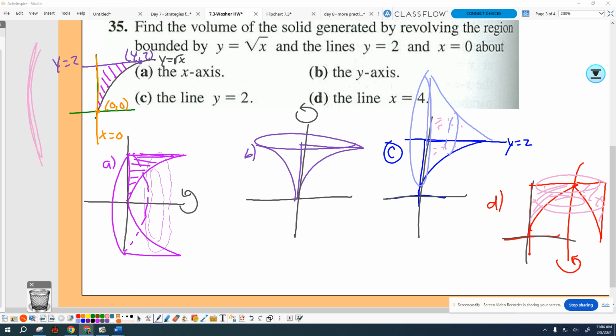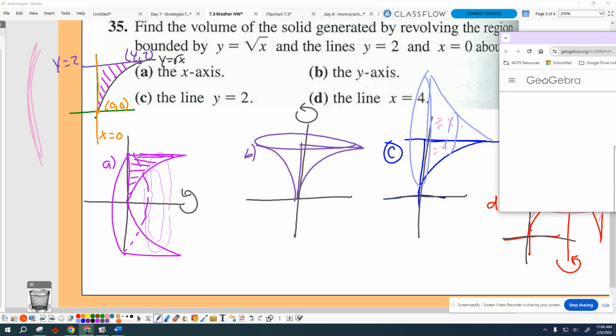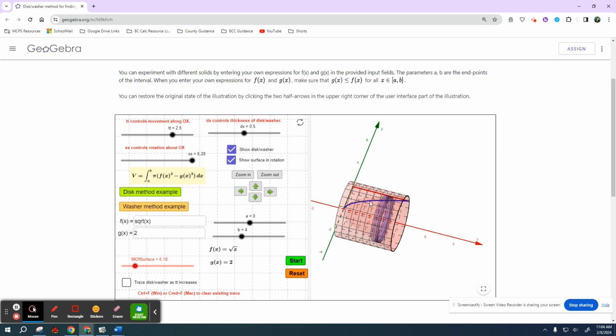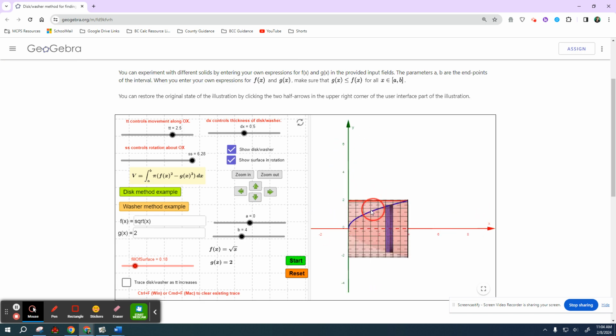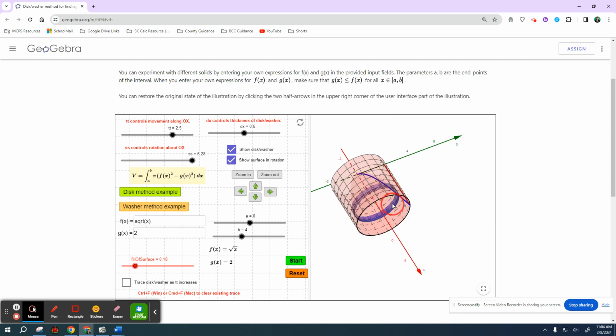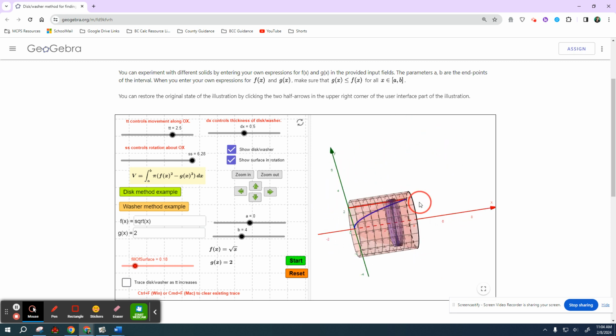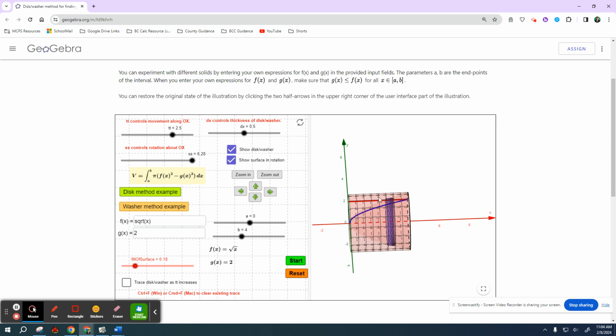I'm not sure this is helping visualize, but that's part A. How do I make it rotate around x equals 4 in this equation?